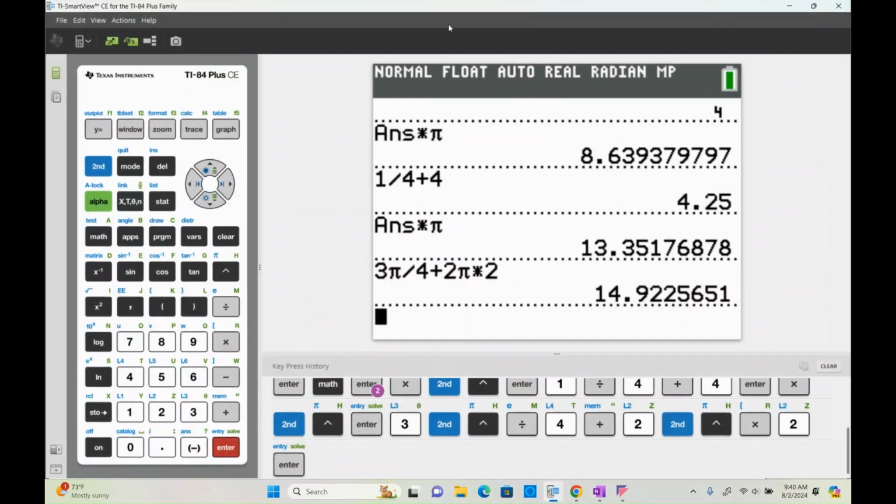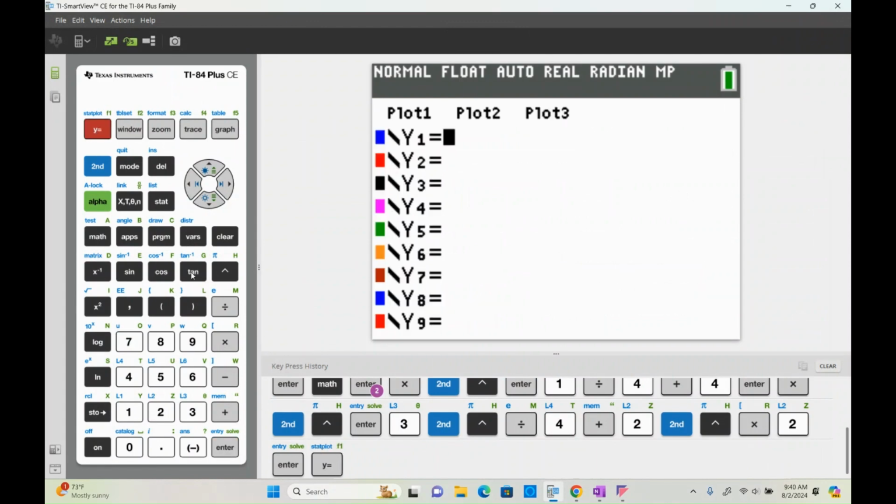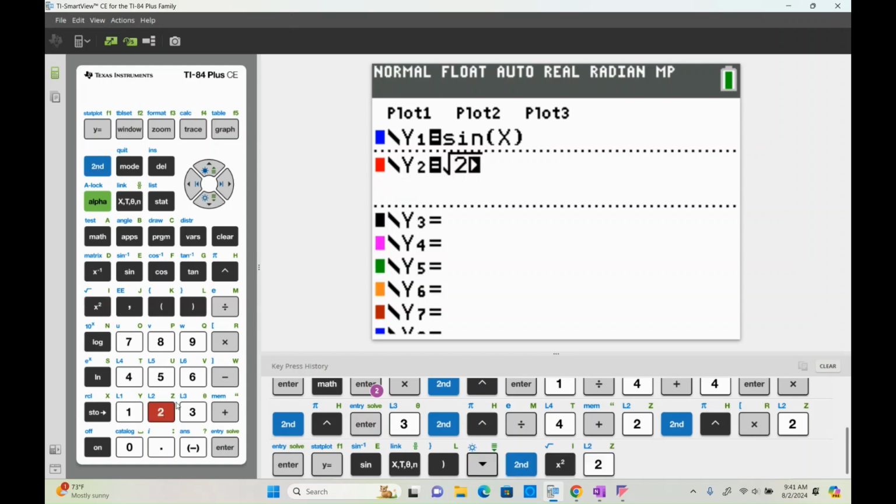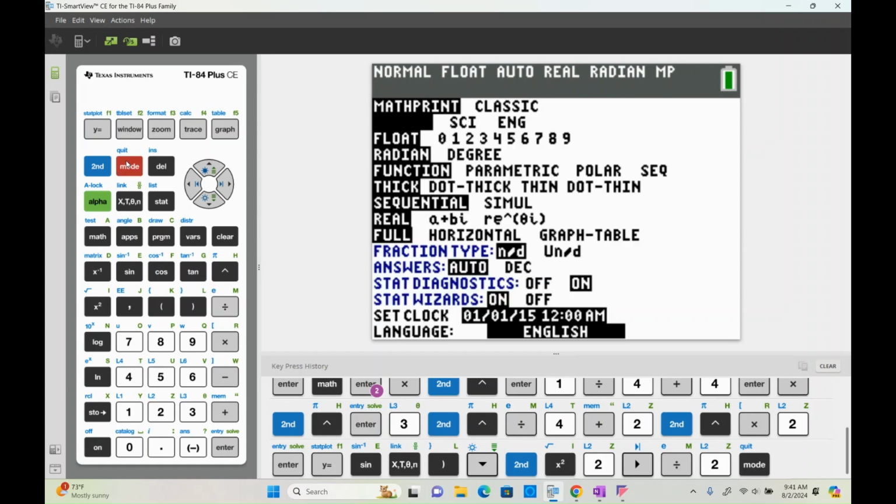Okay, so I'm going to make this bigger. Let's hit y equals. So one of the sides was sine of x. The other side was, I believe, the square root of 2 over 2. Okay, now again, I'm going to graph this to look at their intersections. So before I go any further, I also want to make sure I'm in radians, so I'm going to hit mode.